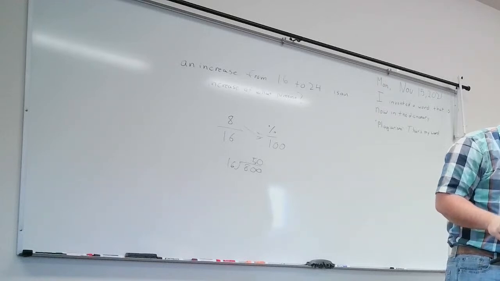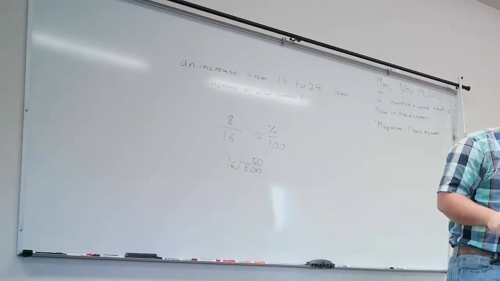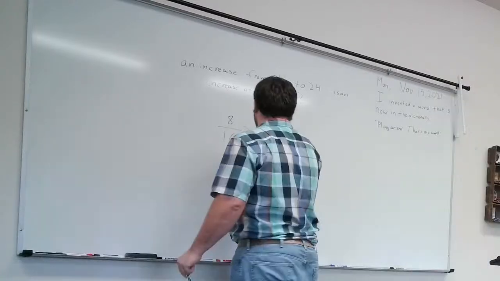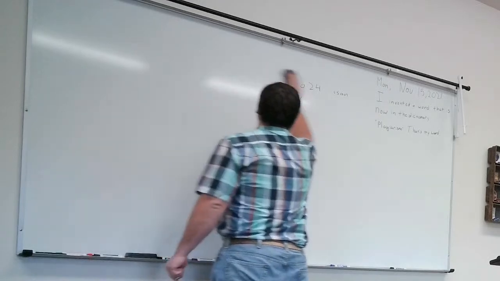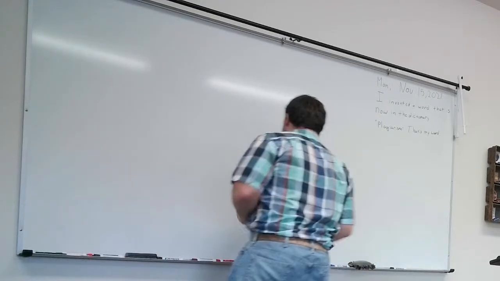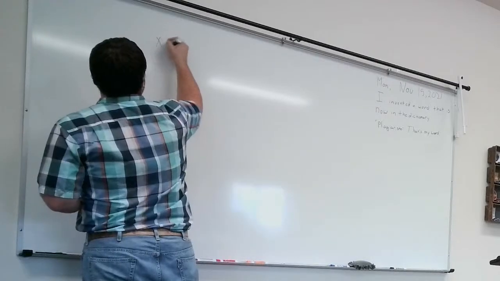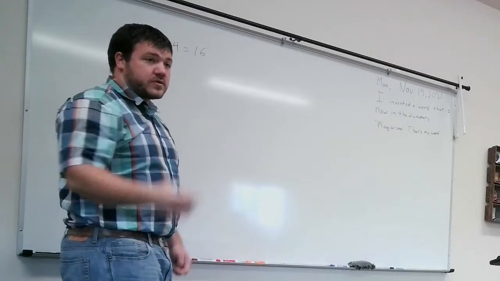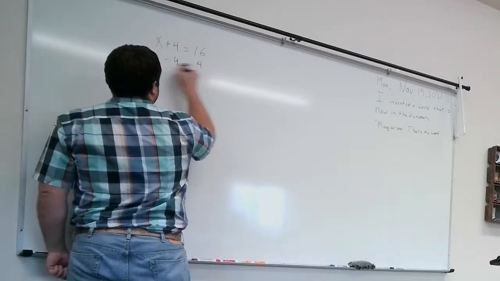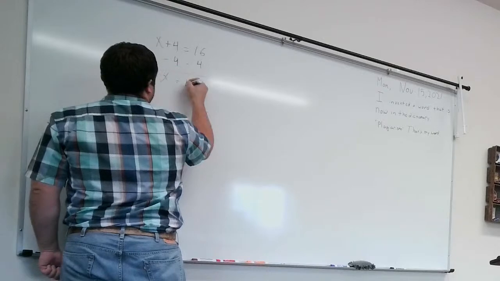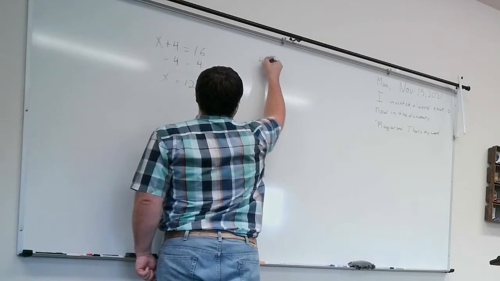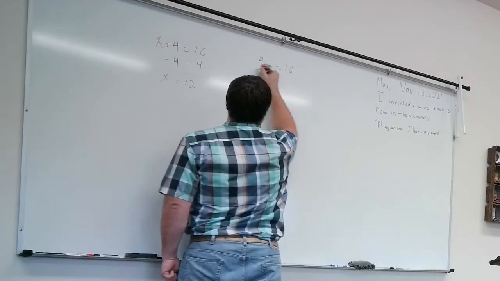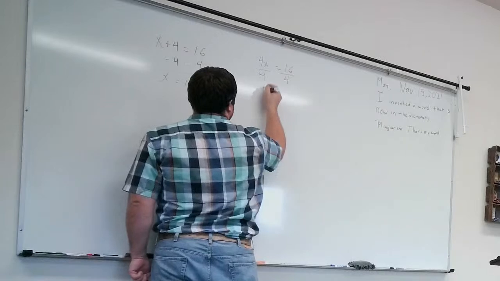All right. In an equation, if you have addition, how do you get rid of it? You subtract. x equals 12. If you have multiplication, you divide. x equals 4.